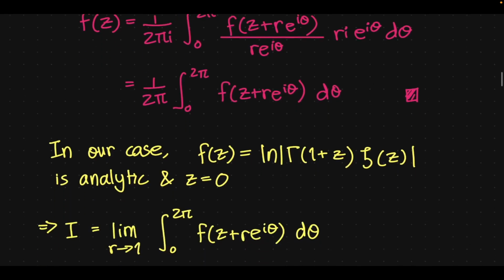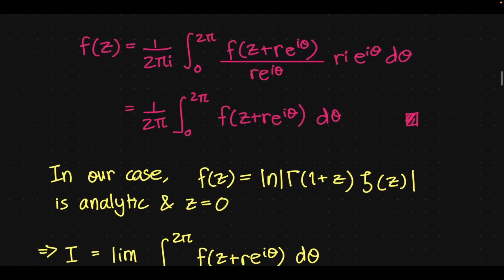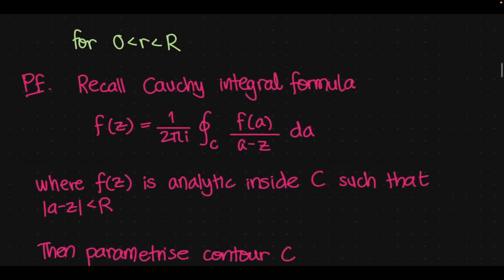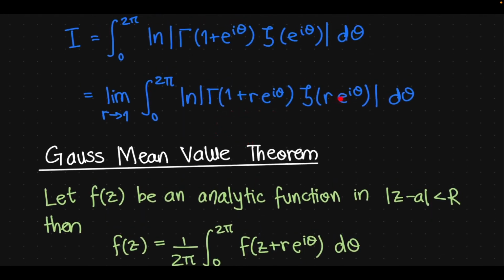That's a simple proof. Now notice that in our case f of z is ln of the absolute value of gamma of 1 plus z times Riemann zeta of z. This is analytic near z equals 0. On the left hand side, the z on the right hand side is 0, because if you go up to what we had before, there is just r e to the i theta.